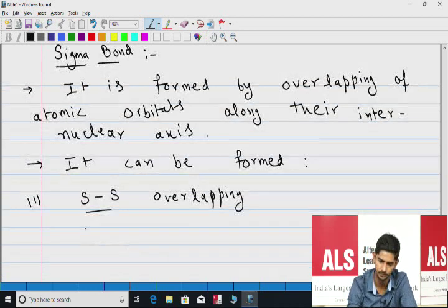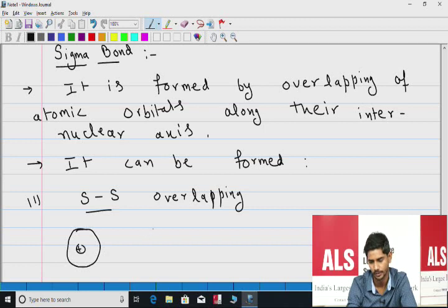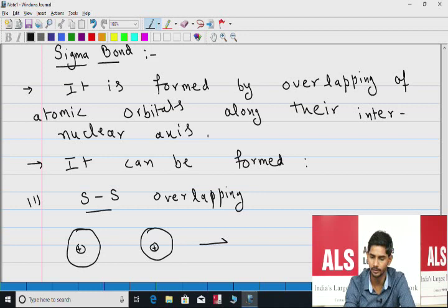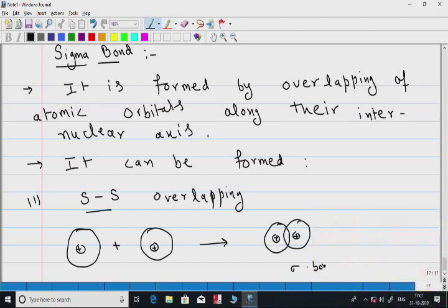Guys, look at this. Let's suppose this is the s subshell and this is also an s subshell. So whenever they overlap with each other, it will look like this. And this is your sigma bond. Copy.